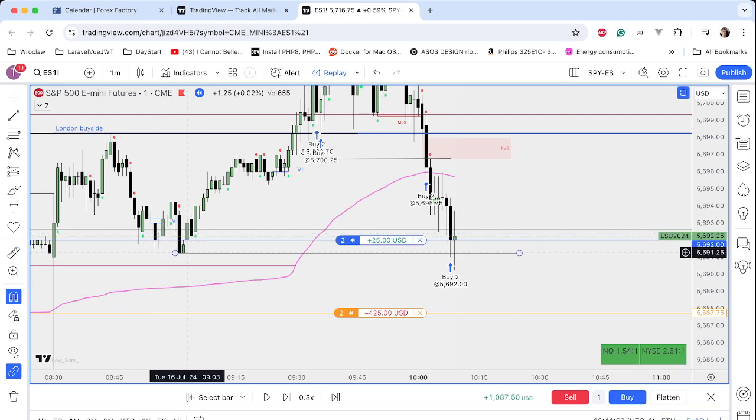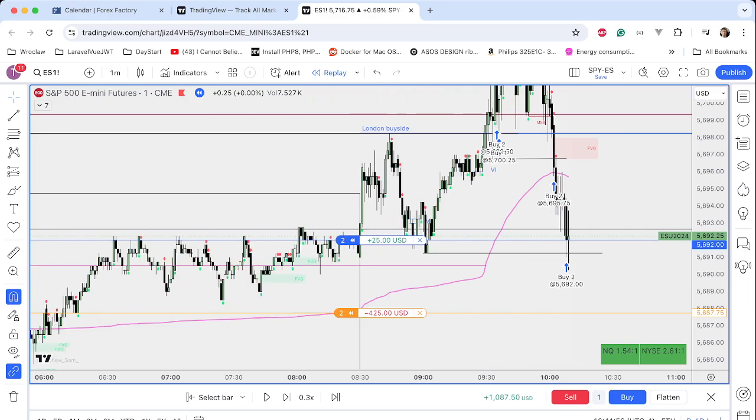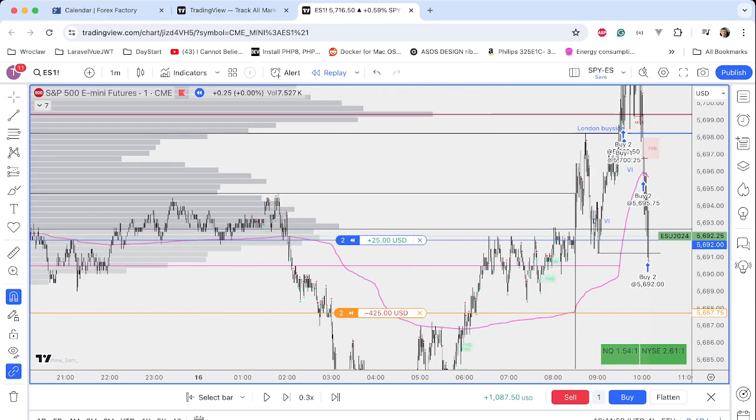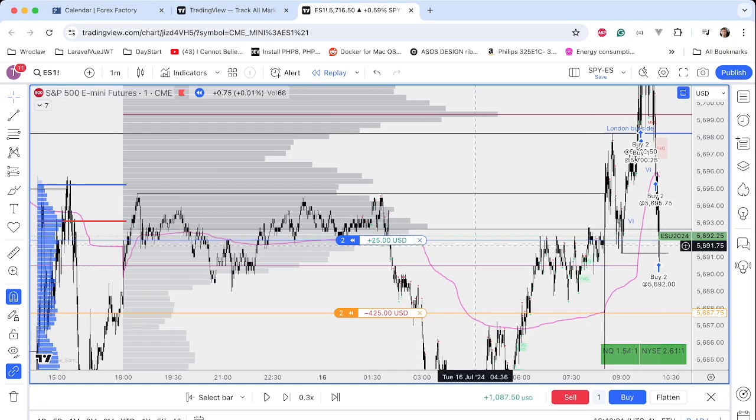Not a lot of liquidity here, but just enough. So 1 point is enough. And if we look at this profile here, technically we could drop lower, but as I said, this has already been cleared.